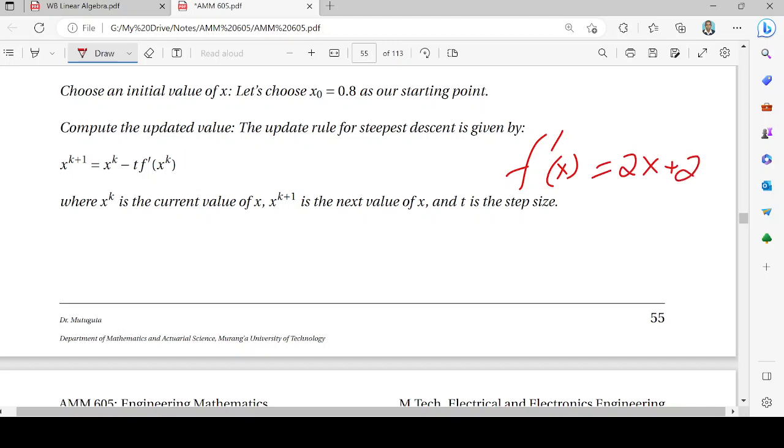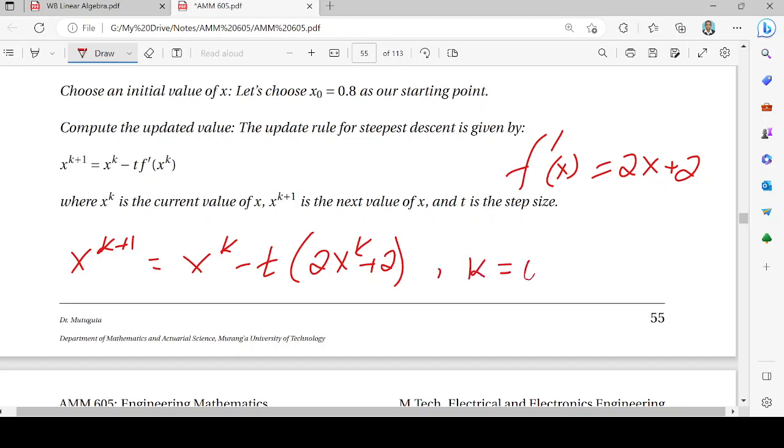So with this method, we can now write x k plus 1 is equals to x k minus t times 2x k plus 2. We can write our method in this form so that now k starts from 0, 1, 2, 3, and so on. This is the iterative procedure.